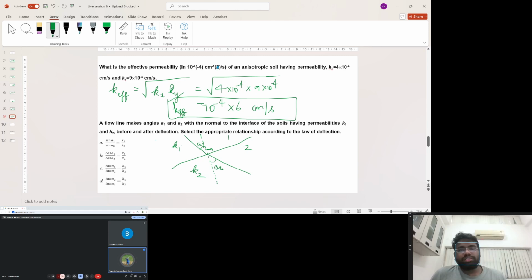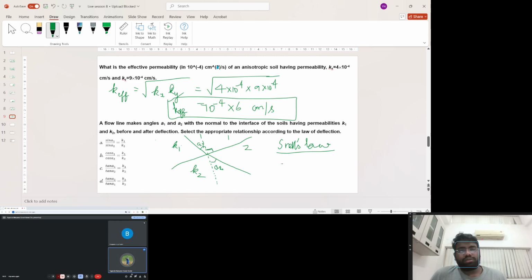Now this is similar to Snell's law which we have studied in our higher secondary physics. It is similar to the incident line and refracted line having different refractive indices, right?